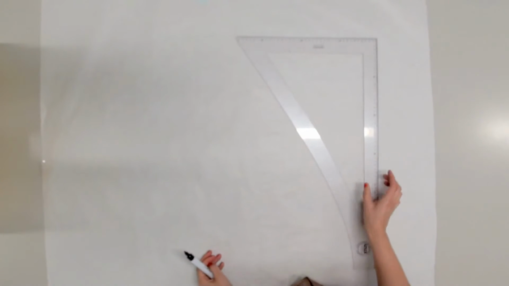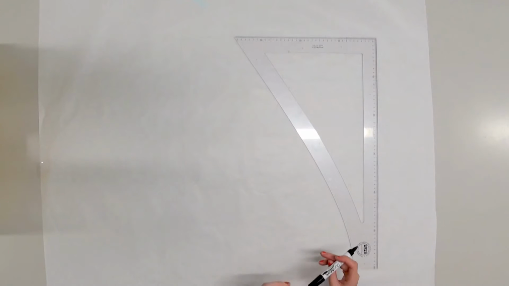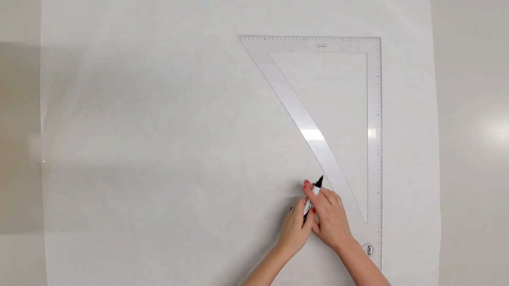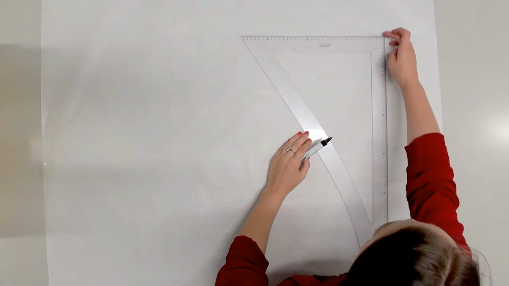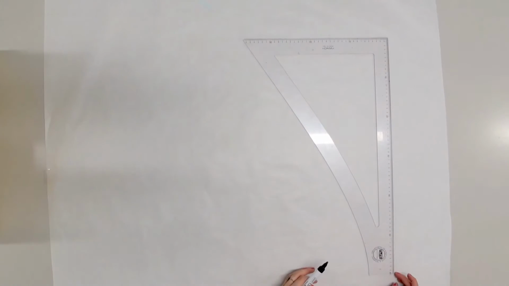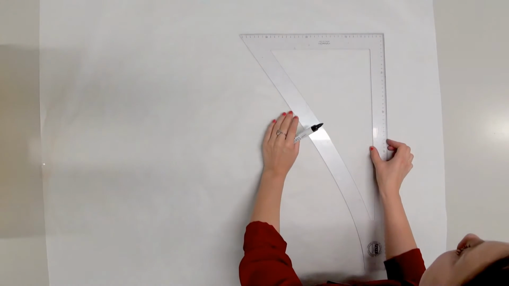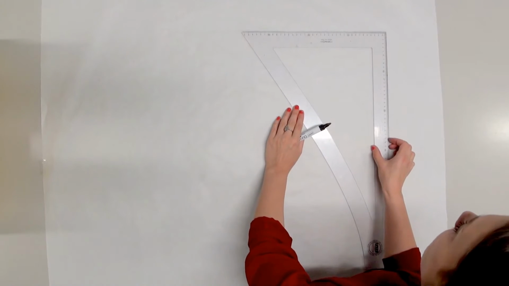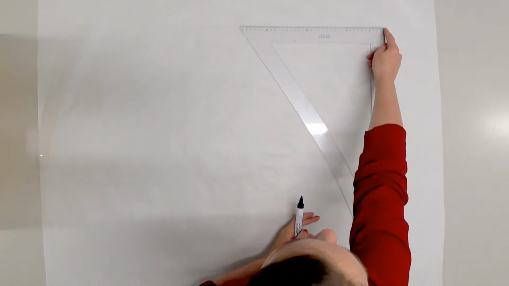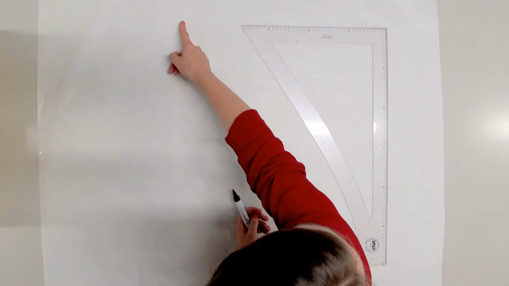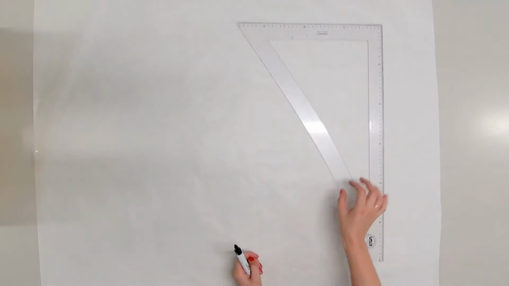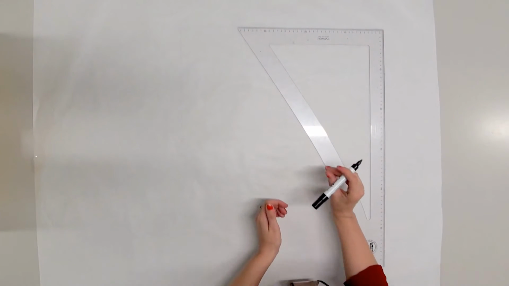The first proportion that we're going to plan out: we're going to start by drafting a really large rectangle. The length of your skirt, in my case 60 centimetres, by half of the scale, so that is our 50.5 measurement.